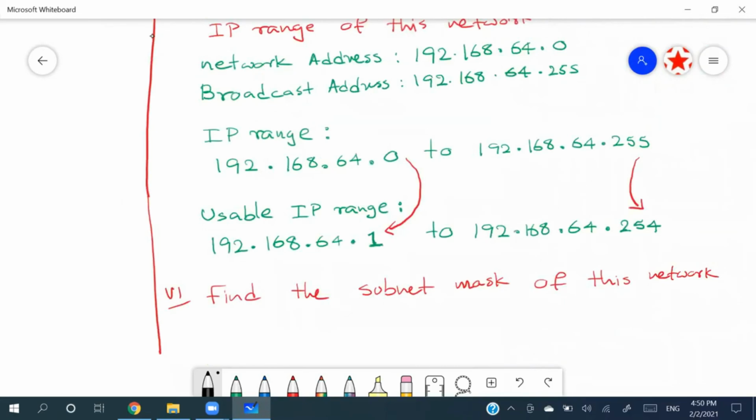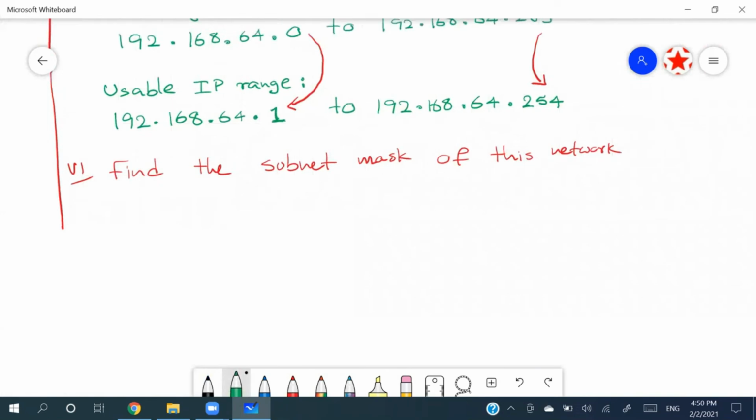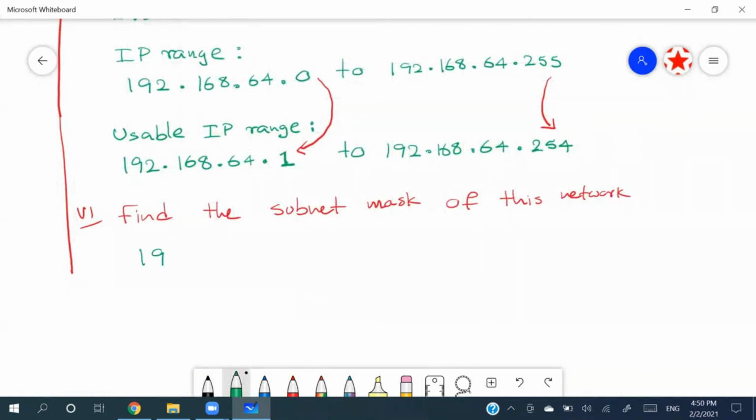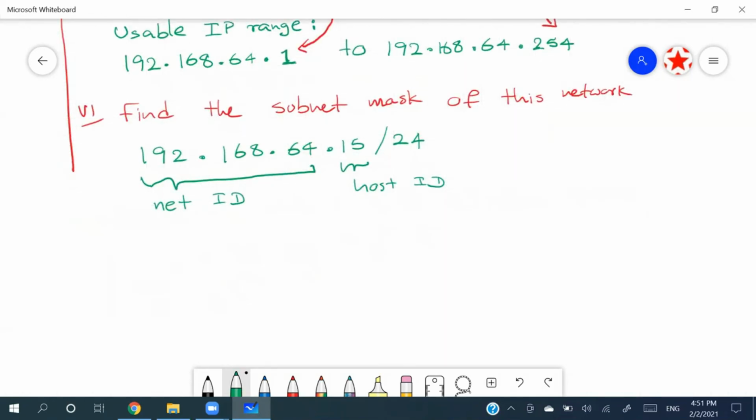Right? So I'm illustrating this. 192.168.64.15/24 is the given IP address. So this is the net ID and this is the host ID. And what we were saying is setting the net ID into all ones and the host IDs into all zeros.